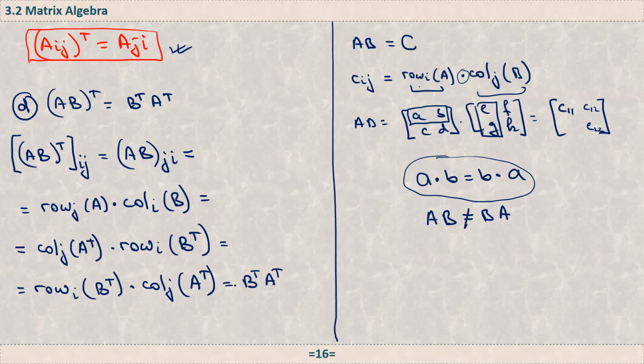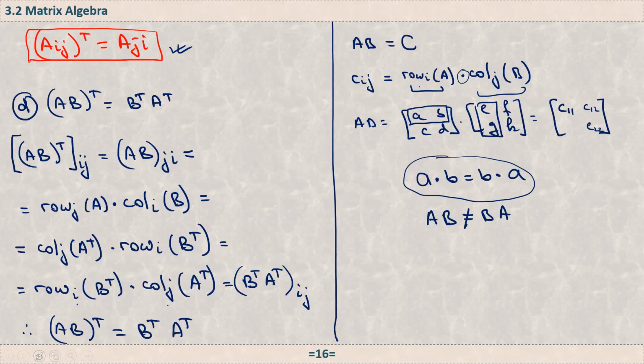And this is true for every possible value of I and J. So now we can generalize that (AB) transpose is equal to B transpose A transpose.